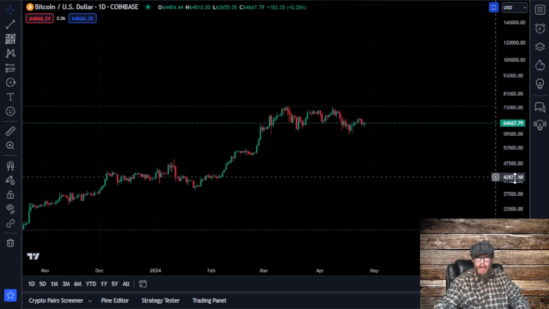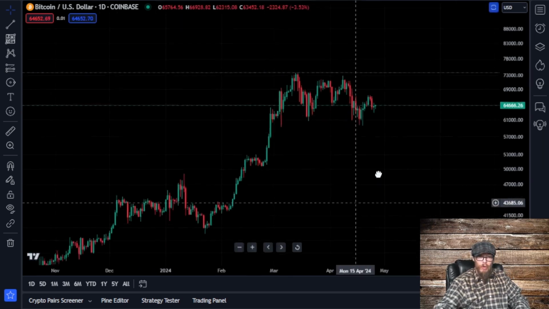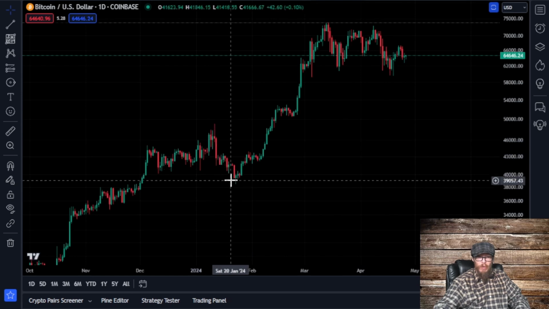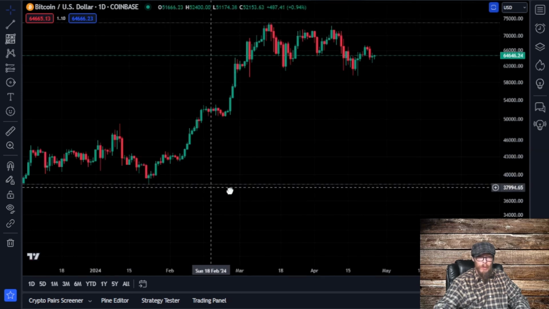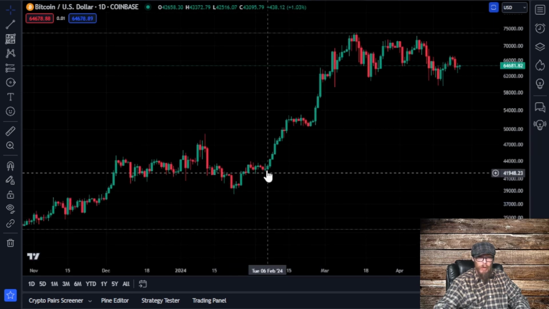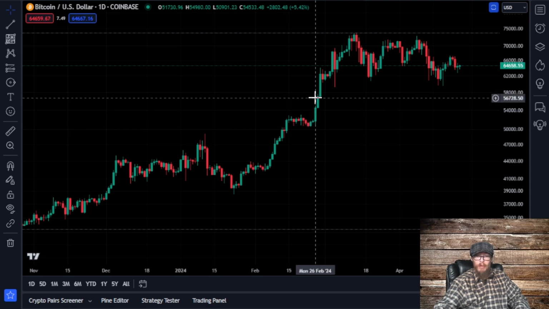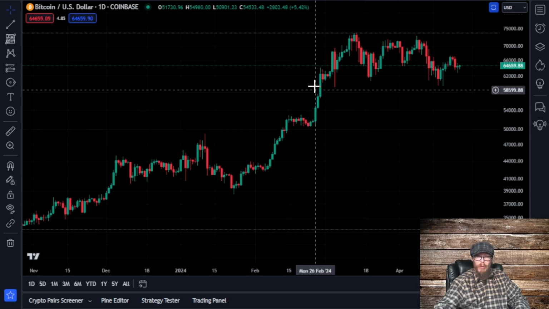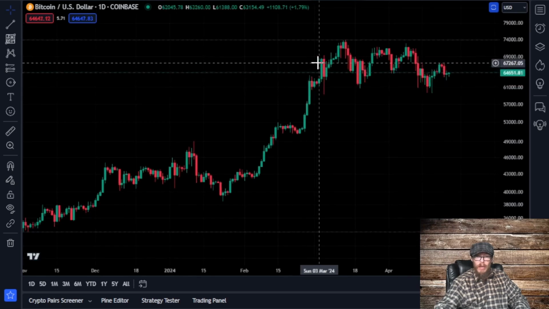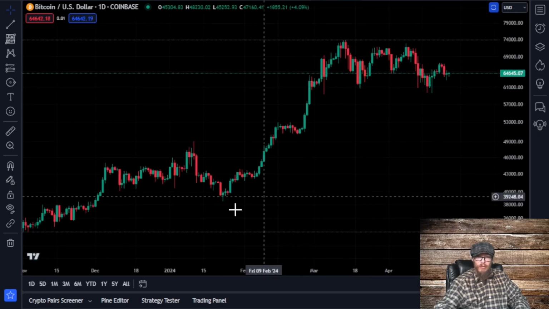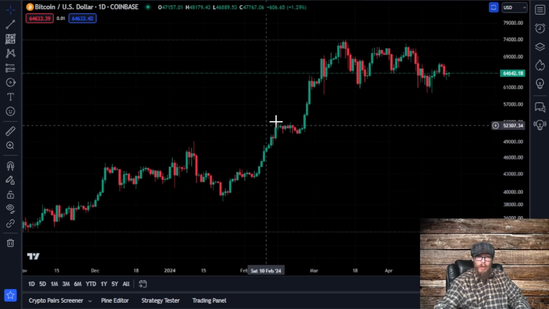What do we have first? Let's say that we believe that we've put in a low here. And then we get this little pump up, and then let's say we're all the way out here. Let's say we were to use the replay tool, and we don't know that any price action past here exists, but we have this part and we have this part.